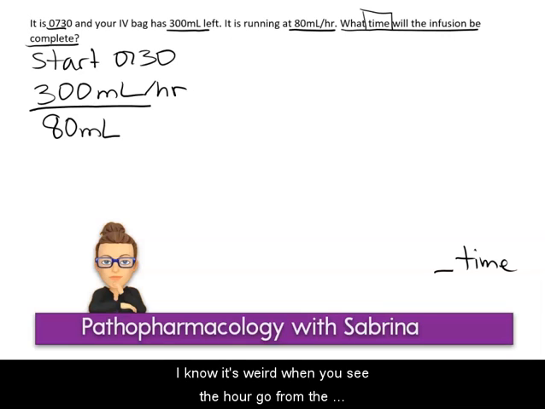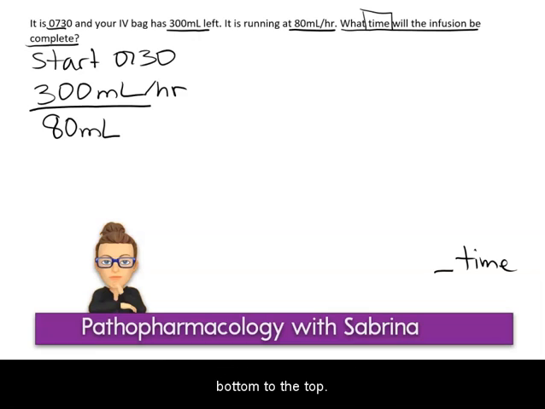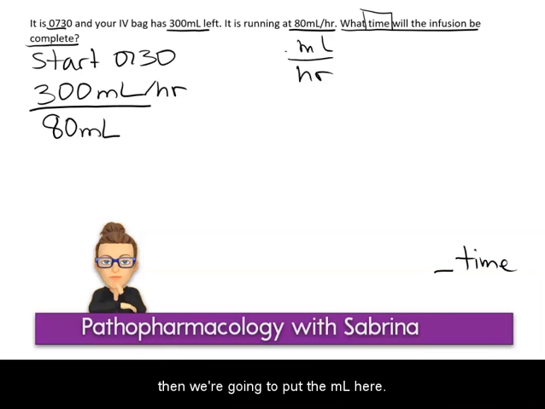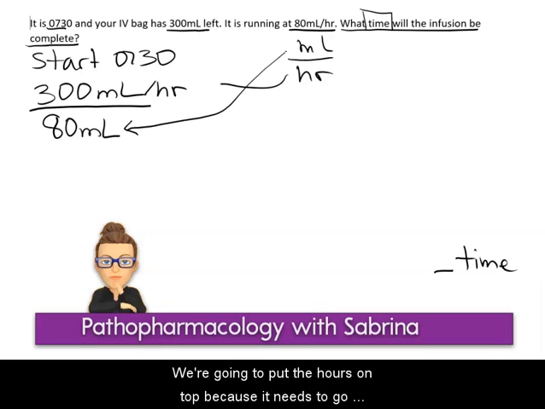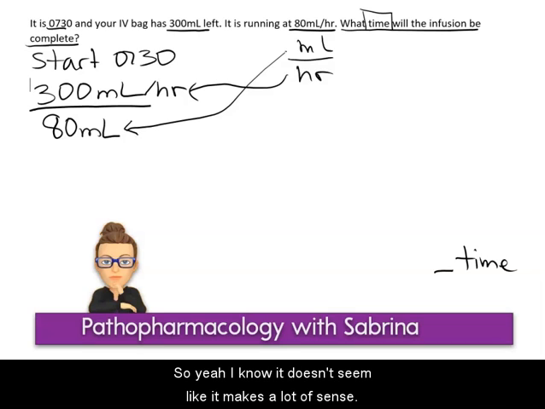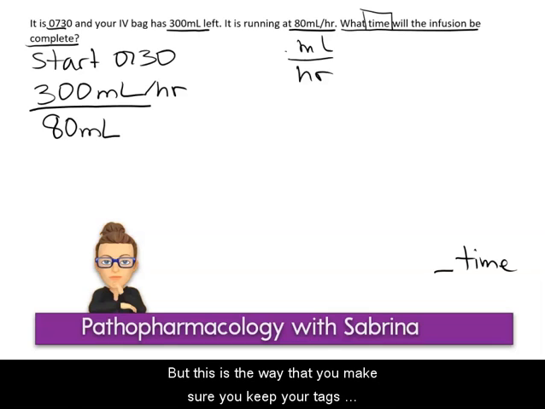I know it's weird when you see the hour go from the bottom to the top, but when you look at it here, it's milliliters over hours. But since we put it on the bottom of the division line, then we're going to put the milliliters here, and we're going to put the hour on top because it needs to go to the other side of that division line. I know it doesn't seem like it makes a lot of sense, but this is the way that you make sure you keep your tags on the correct side of your division line.